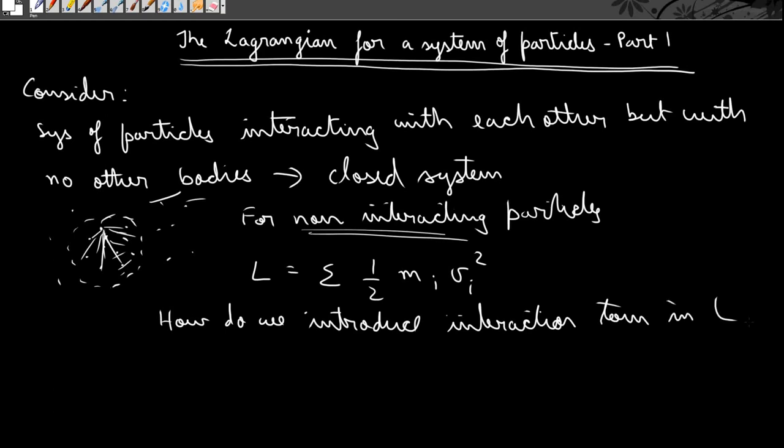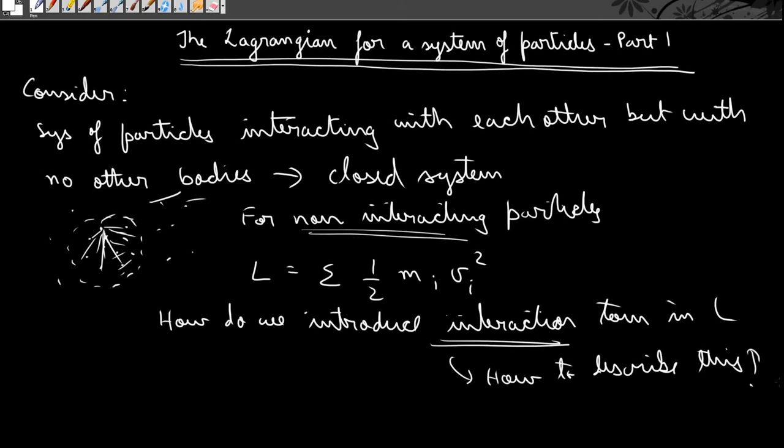Okay, so to answer this, we need to first describe what we mean by interaction. So how do we describe this? That is the first question that we need to ask.